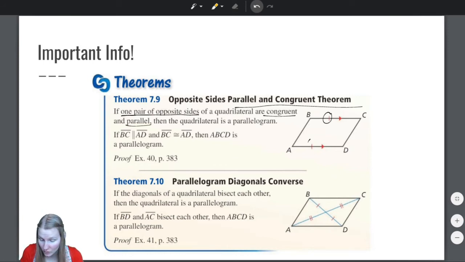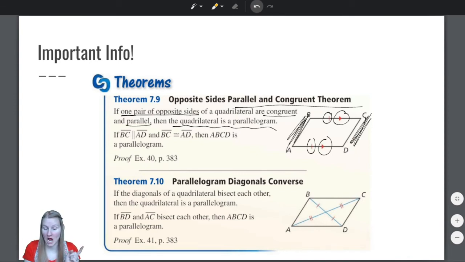So I have the congruent tick mark and I have the parallel arrow, then the quadrilateral is a parallelogram. So if I know that the side is parallel and congruent at the same time, I don't need to know anything about the other two sides. I know that this is a parallelogram.